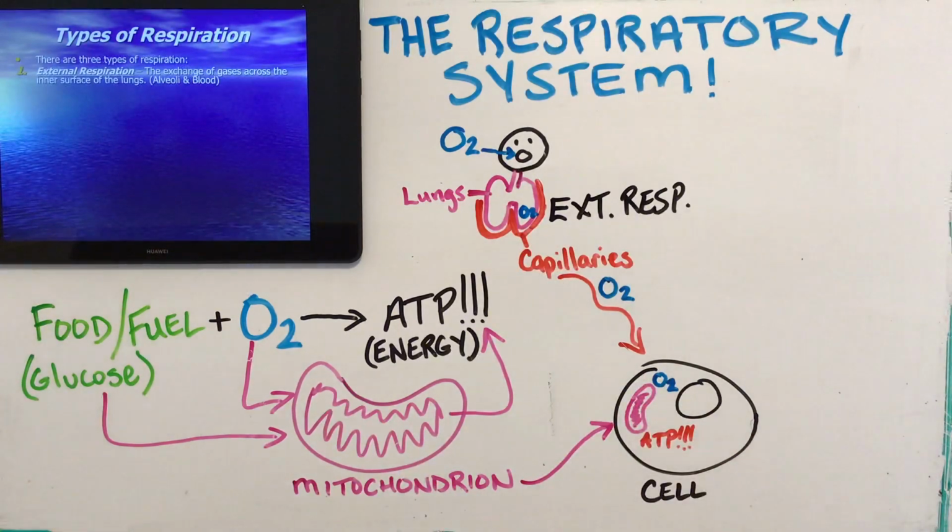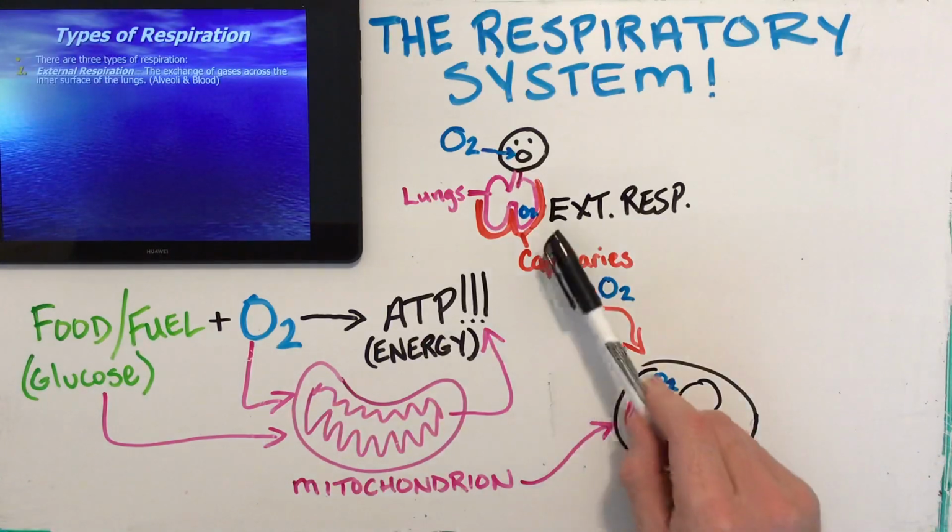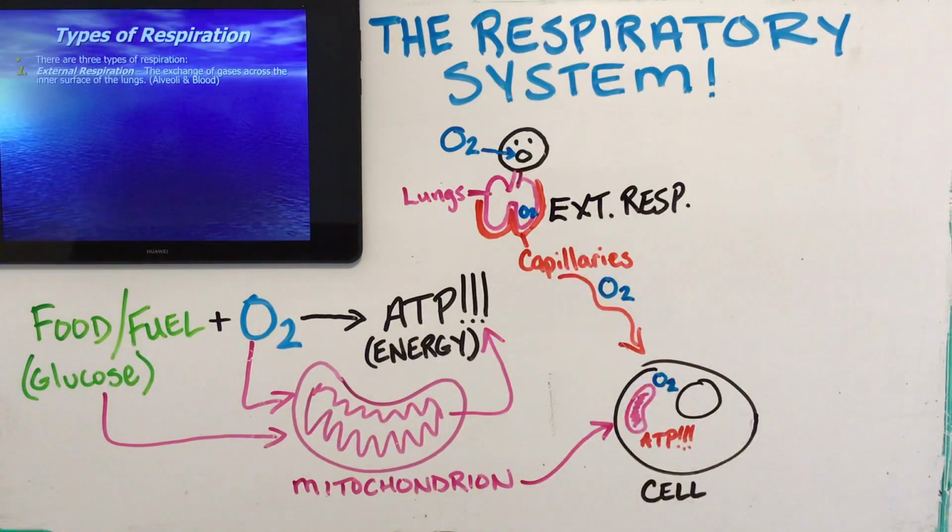So oxygen comes in from the air into the lungs, and once it passes into the blood, those capillaries that line the lungs on the outside, that's external respiration. CO2 is going the other way. Just like those capillaries on the outer surface of the lungs are picking up oxygen, they're also putting CO2 into the lungs so we can breathe it out.